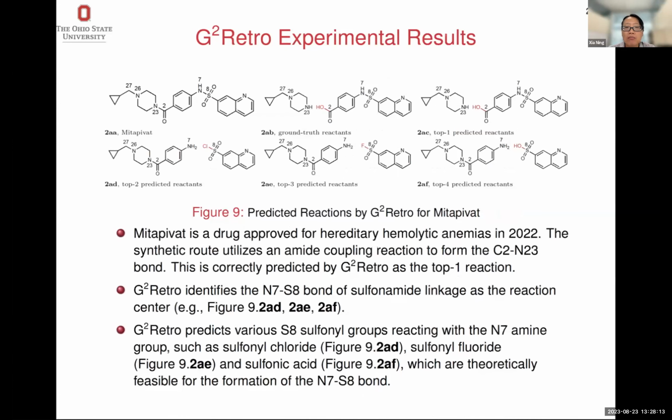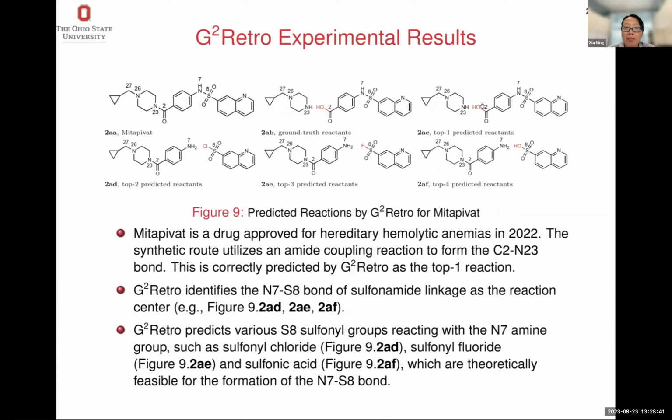Just to give you an example here, this is mitapivat. This is a new drug that was approved in 2021. For this drug, the second figure shows, quote unquote, the ground truth. Actually, these are the reactions that are mentioned in their patent. And our method can accurately identify this reaction.